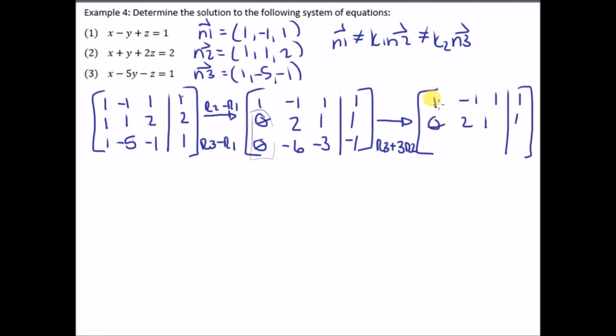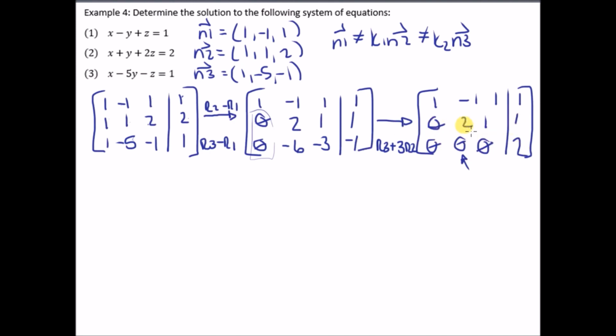So I'm going to write out row 1 and row 2 as they are, and then -6 plus 6 is 0. That's our entire purpose of this. Okay, -3 plus 3, I get 0 again, and then -1 plus 3, I get 2.